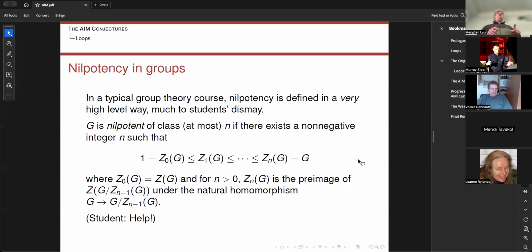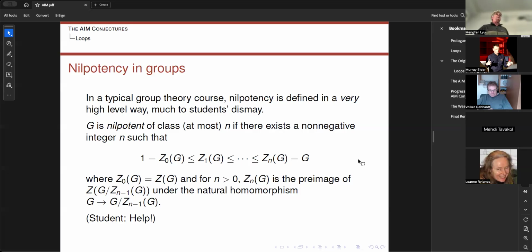Here's how it's usually defined if you crack open a typical textbook. A group is nilpotent of class n if blah, blah, blah. I'm not even going to read it to you. There's this upper central series. There's some final term, and it's nilpotent of class at most n if that last term coincides with the entire group.